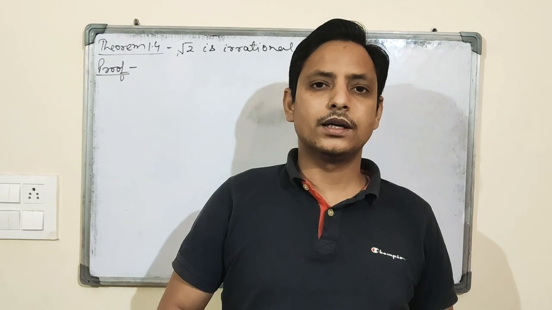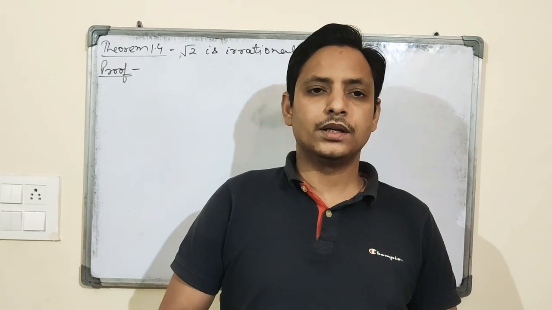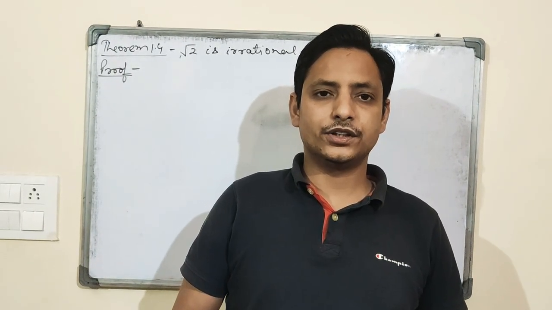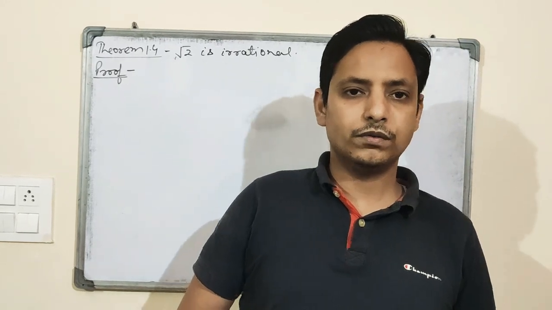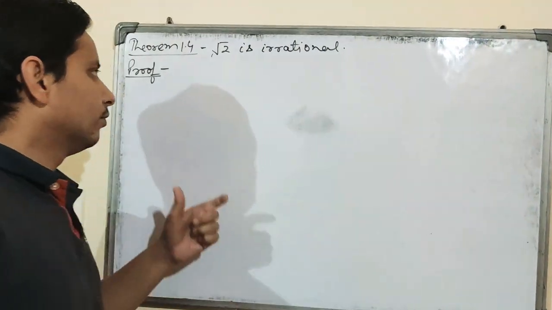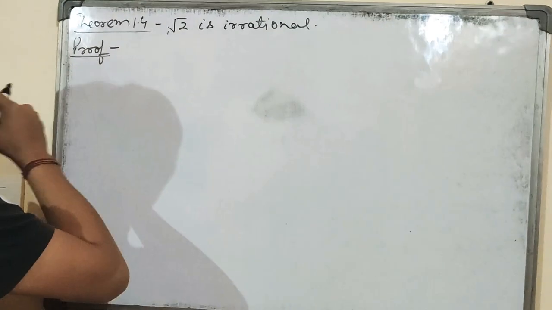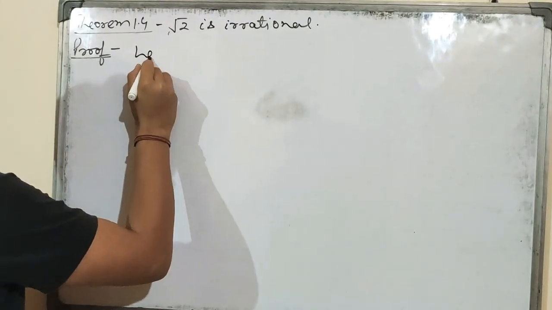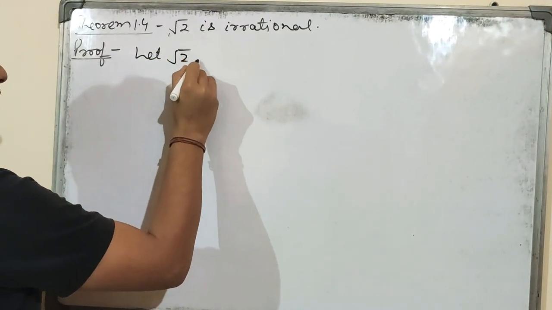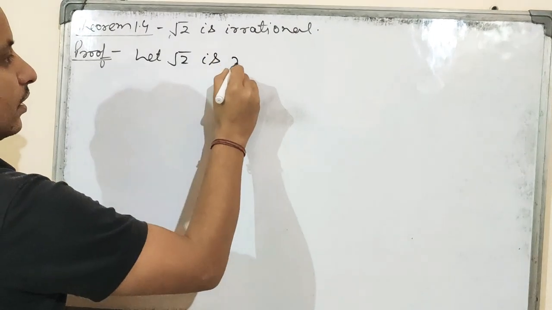Good morning, students. Today we will discuss Theorem 1.4, that is, we have to prove that under root 2 is an irrational number. For that, we assume that under root 2 is rational.